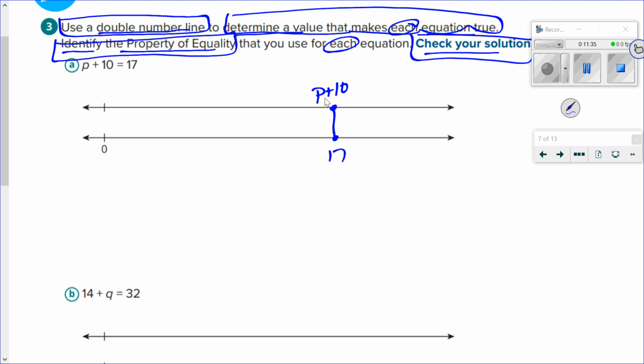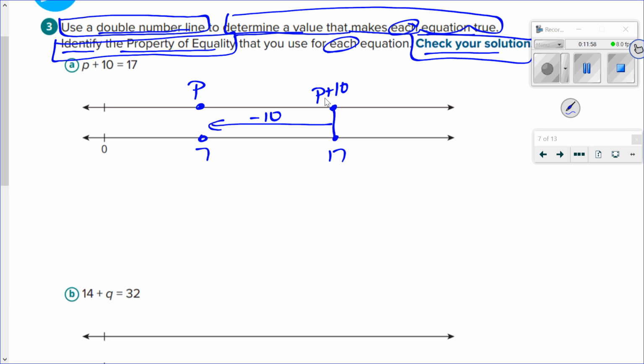So what do I need to do to my P to get it to be alone? Minus 10. So I'm going to the left to find P. And how far left did I have to come? Minus 10. So what am I doing to the 17? Minus 10. So that becomes 7.